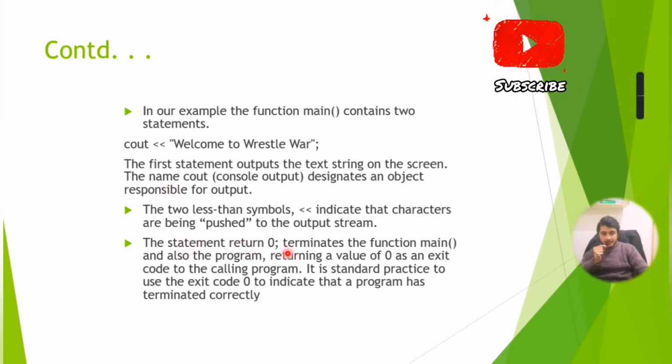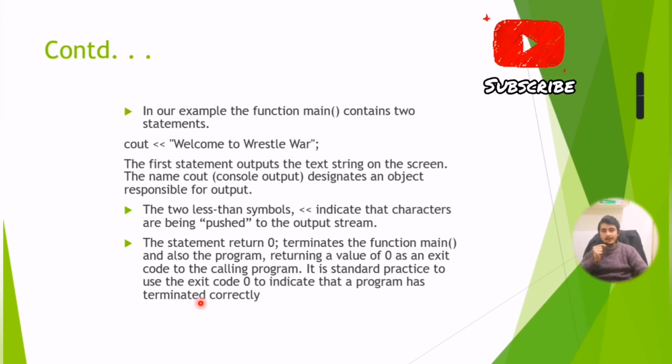The statement return 0 terminates the main function. So why did we write return 0? In order to exit from that function, and also the program, we need to write return 0. Returning the value 0 is an exit code to the calling program. It is standard practice to use the exit code 0 to indicate the program has terminated correctly.